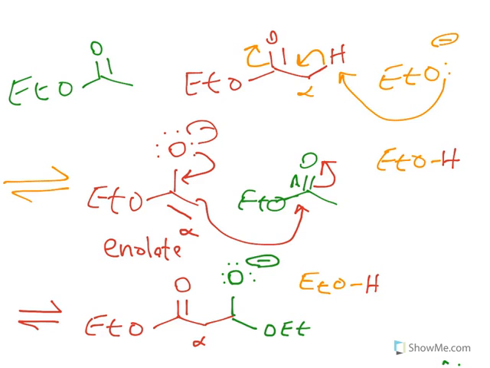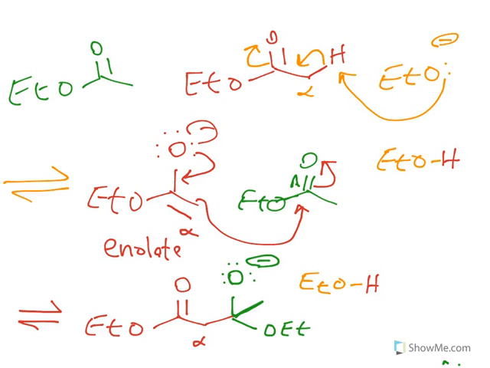So everybody's accounted for now. And what we're going to do next is we are going to grab this. I left out a very important group there, the methyl group.